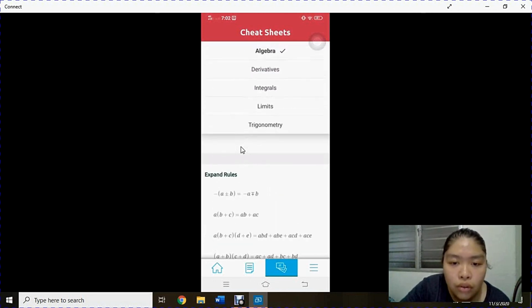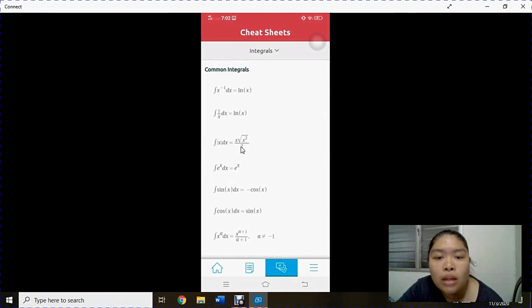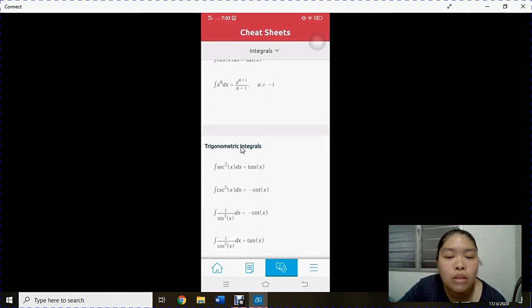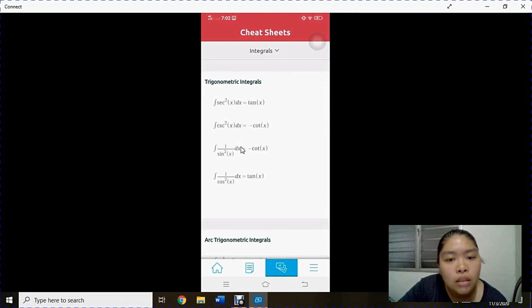As for integrals, these are formulas that you can remember. For example, integrating 1 over x is ln x. That is something you would want to remember to not make things so complicated during exams, which is very good, it gives us so many benefits.